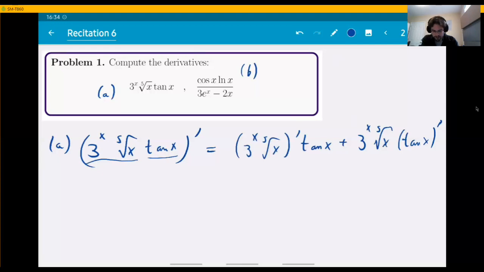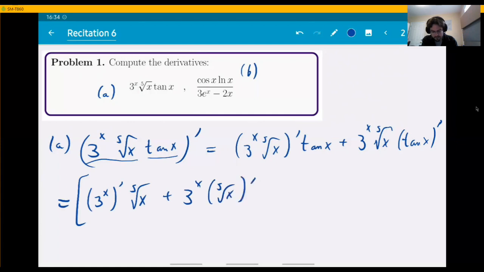And now for calculating this derivative in the product of 3 to the x and fifth root of x, we will again use the product rule. To separate that out, there is going to be a prime on the 3 to the x and a fifth root of x, plus a 3 to the x alone with a prime on the fifth root.